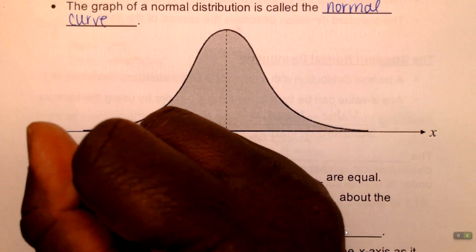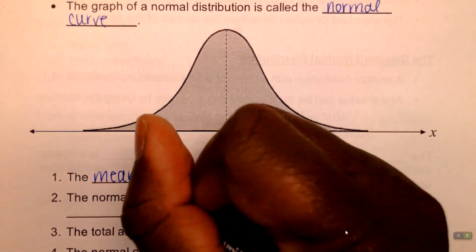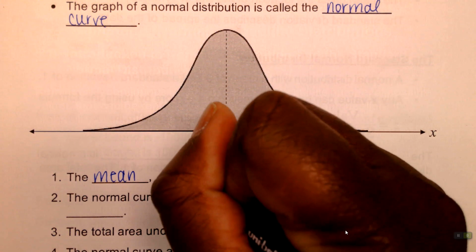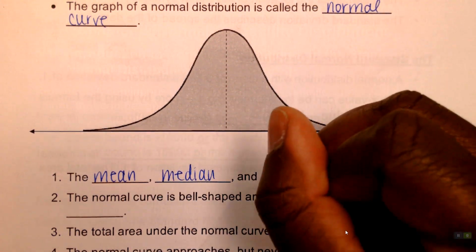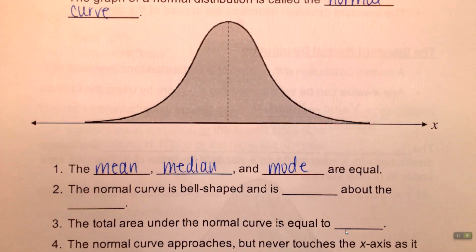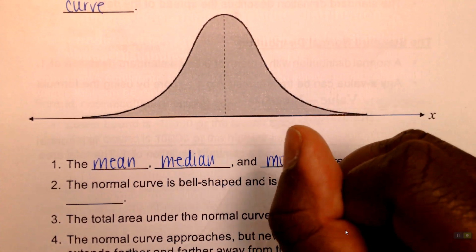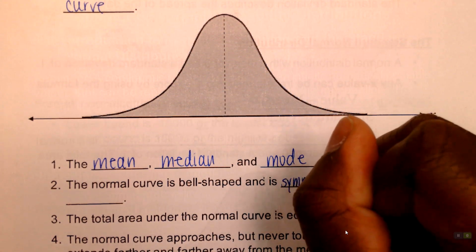The mean, median, and mode are equal. The normal curve is bell-shaped and is symmetric. We just talked about that.